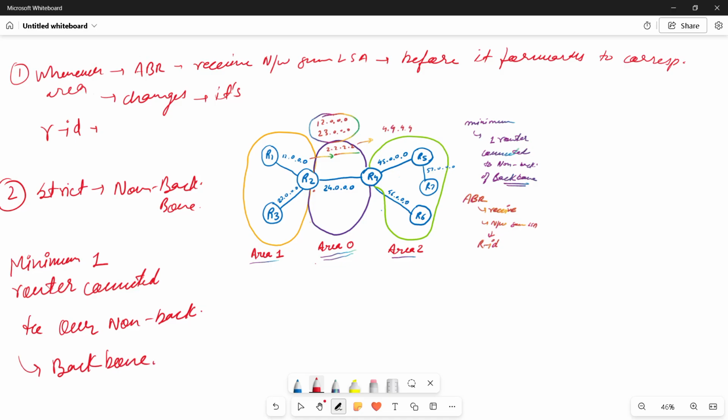Minimum one. This is the requirement for a non-backbone area to exist in the whole topology perfectly. So these are the concepts.